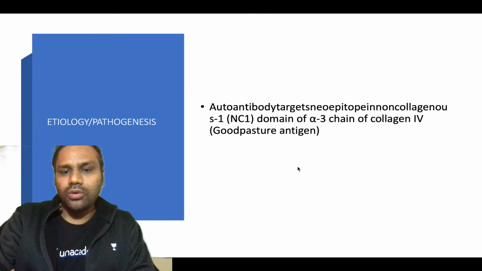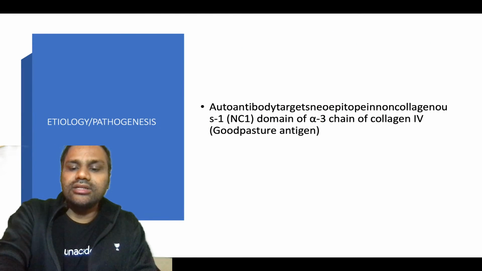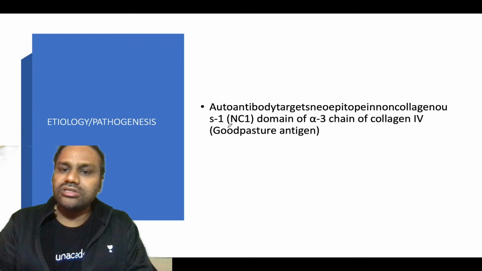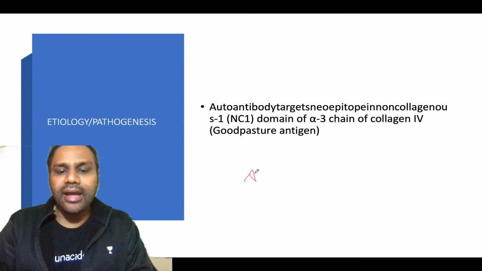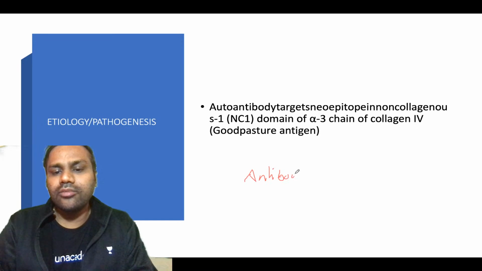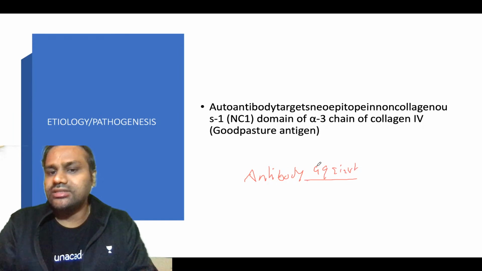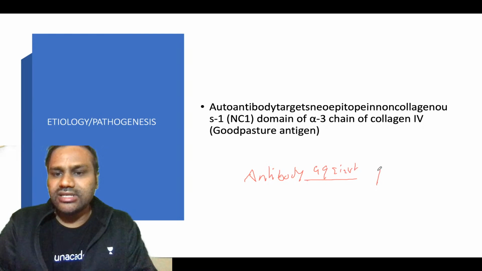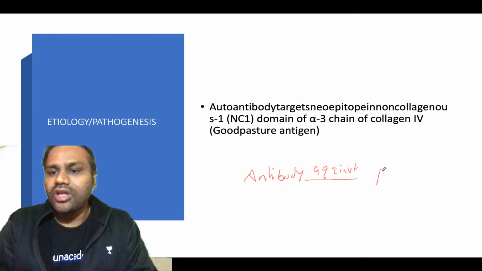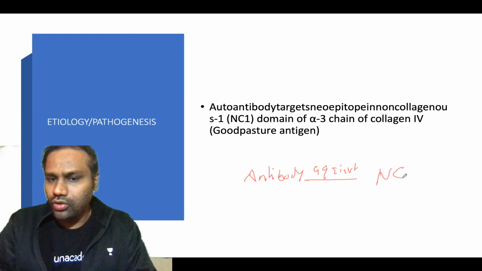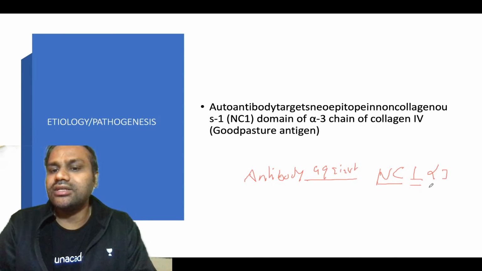Another thing to remember is the main etiology: here the antibody is against the non-collagenous domain of the alpha 3 chain of collagen 4. So this is an epitope, a new epitope against the non-collagenous 1 domain of the alpha 3 chain of collagen 4.